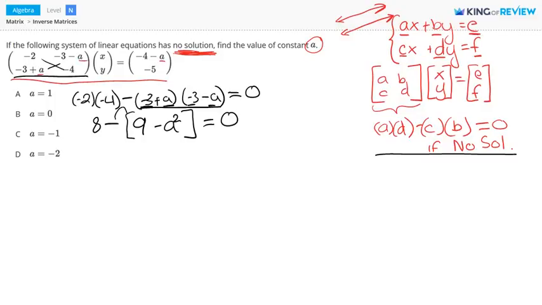So now we want to distribute this negative to both items within the parentheses. So we have 8 minus 9 plus a squared equals 0. 8 minus 9 is -1, so we have -1 plus a squared equals 0. We want to factor this.